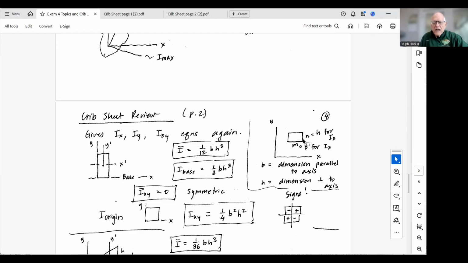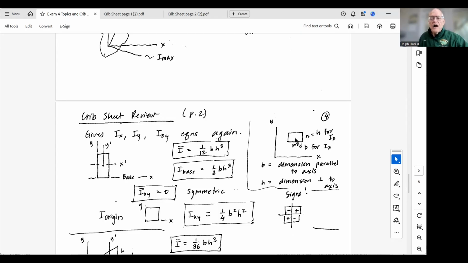For example, if you have an area with a dimension M here and a dimension N here, and you're finding Ix, then the centroidal I that's parallel to the x-axis is 1/12 b h cubed, where b is M and h is N, so N cubed.